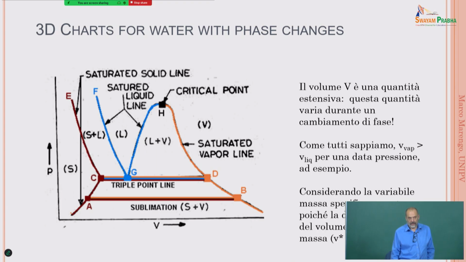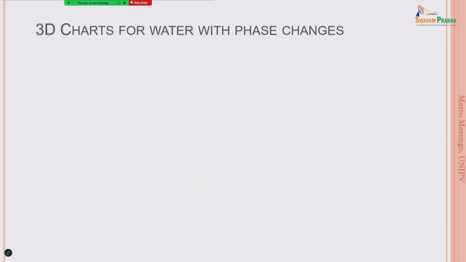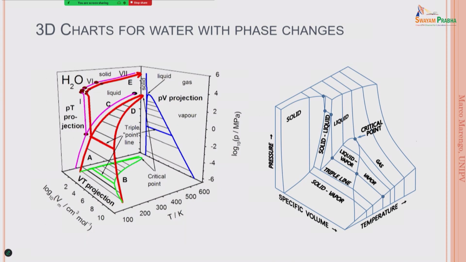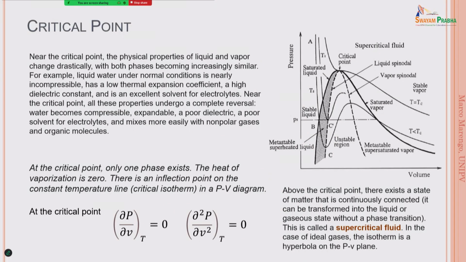Everybody knows about that. Sorry, I was fast. I will give you the PDF, but this is only something that you should know. I'm taking it for granted. If you don't know, please look at the slides.